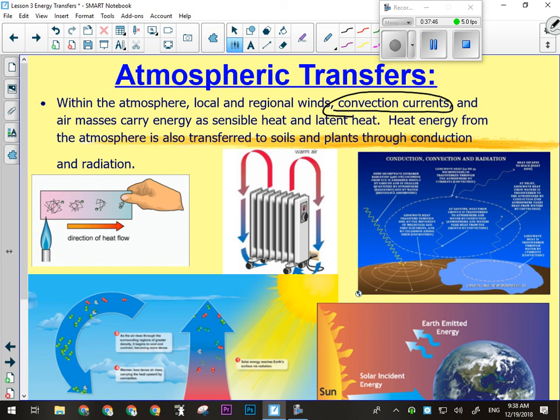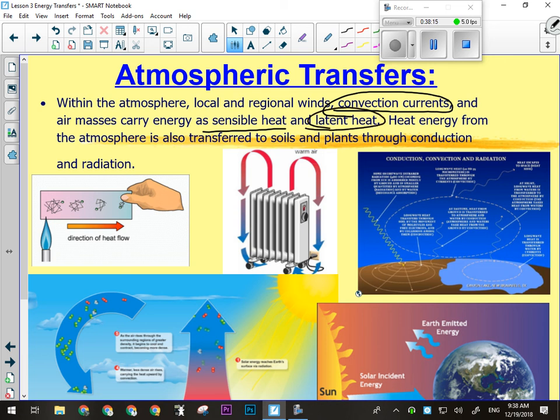But wind occurs because convection is happening and energy moves from one place to another on Earth through the atmosphere through that process. Convection is the biggest energy transfer mechanism that the Earth uses to transfer energy. Now, those convection currents can carry sensible heat, that's actual heat that we could feel, and it can also carry latent heat.